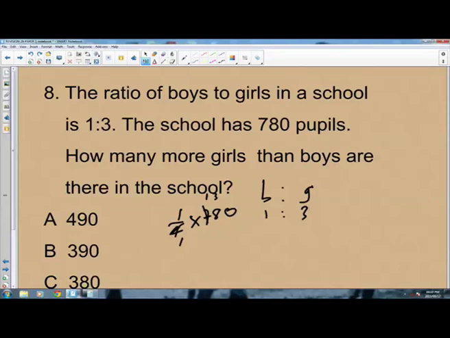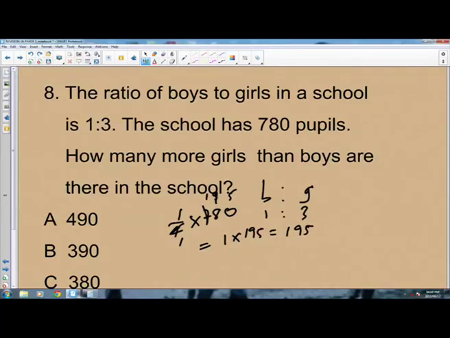And then 4 into 20 is 5, meaning the number of boys is 1 times 195, which is equal to 195. This is the number of boys.